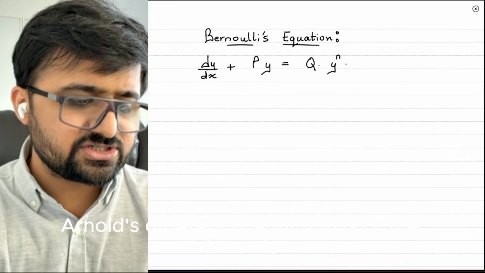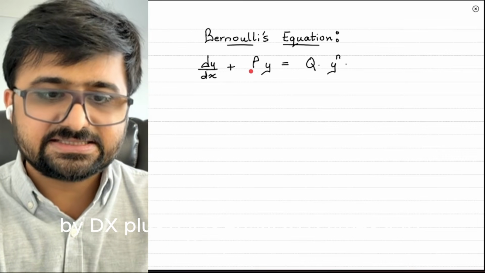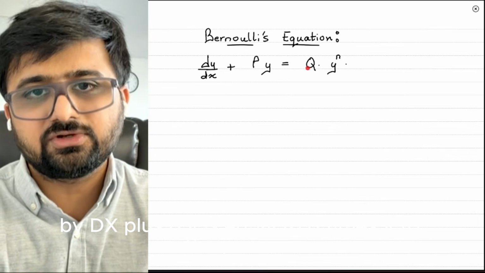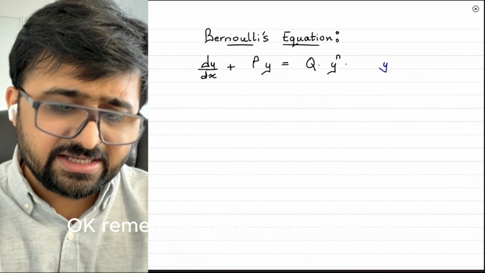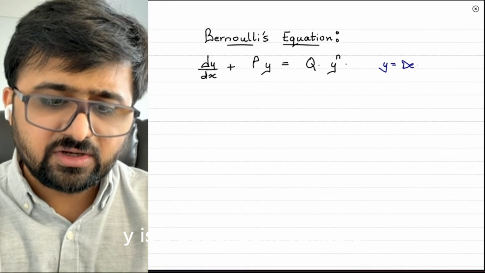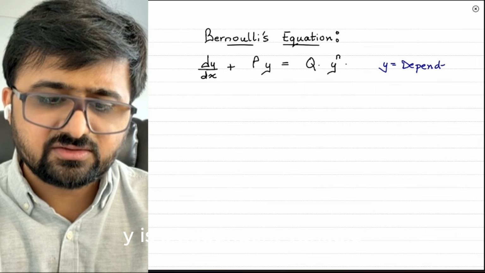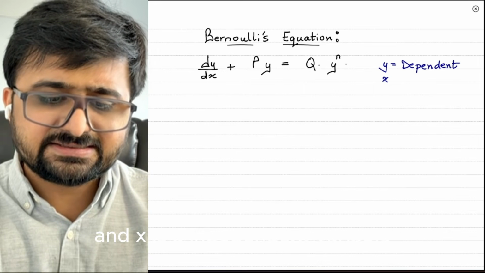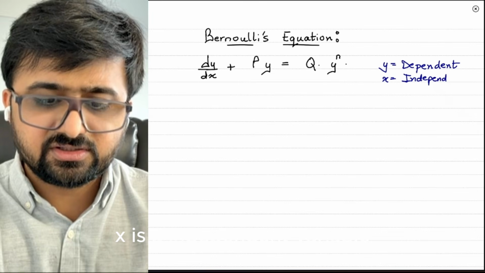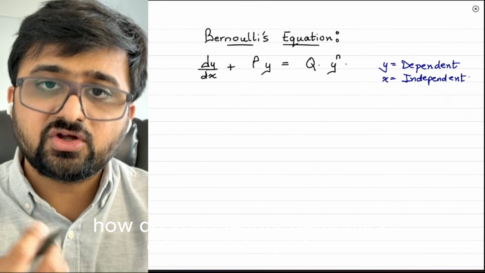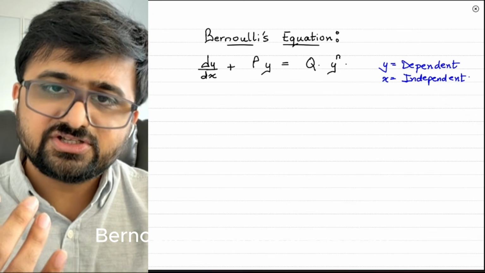Bernoulli's differential equation is of the form dy by dx plus py is equal to q times y to the power n. Remember here y is a dependent variable, and x is an independent variable. How do you identify Bernoulli's differential equation?